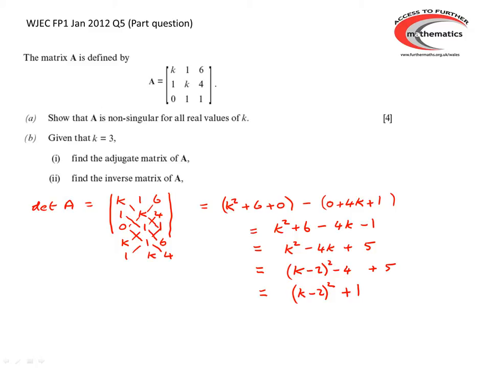That makes it quite clear that the value of the determinant is always a number which is 1 or more. So the value of the determinant can never be 0. So the matrix is non-singular, whatever the value of k.